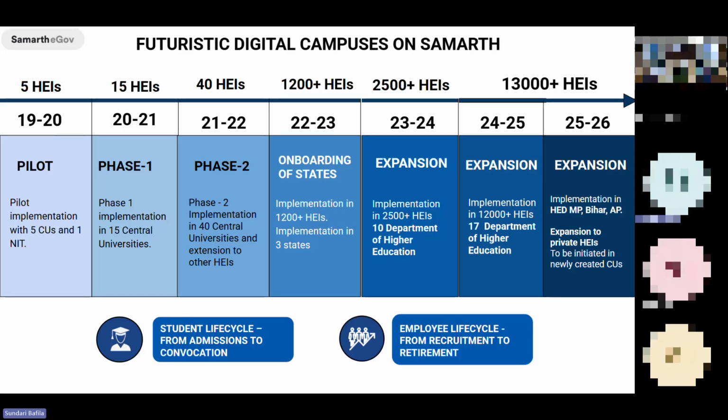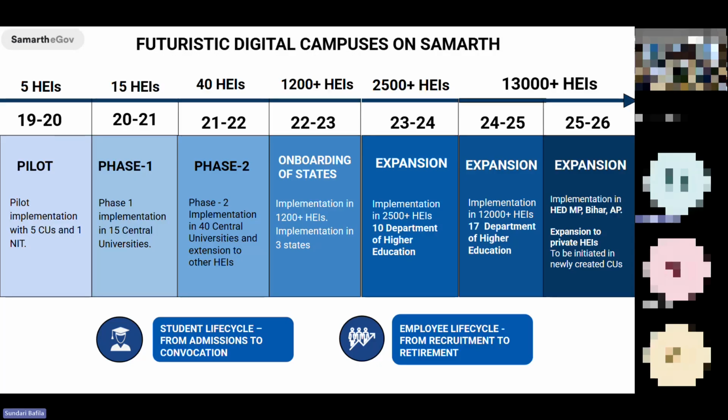In 2022 and 23, Samarth expanded beyond central universities to other higher education institutions. During this time, around 1,200 plus institutions were onboarded. Also, three state higher education departments, Jammu and Kashmir, Assam, and Uttarakhand, joined the platform. Between 2023 and 24, the platform grew even more with around 2,500 plus institutions onboarded, including 10 higher education departments.